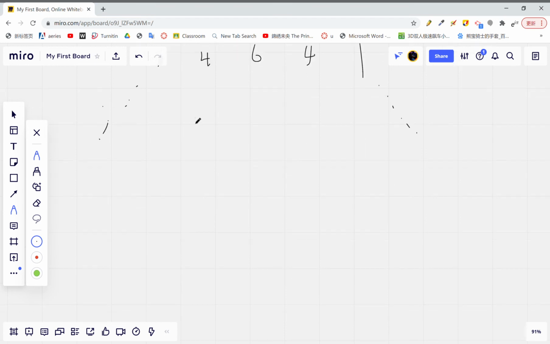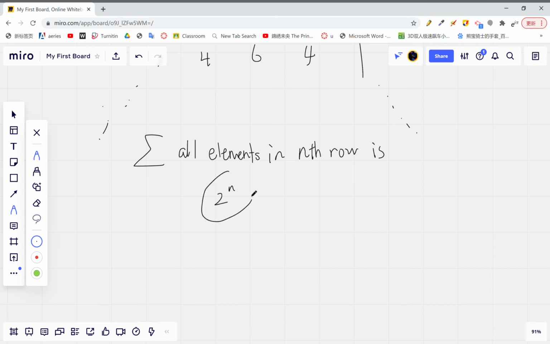And we remember the fundamental formula: the sum of all elements in the nth row is 2 to the nth power. This is going to be the sum of all elements in the nth row.